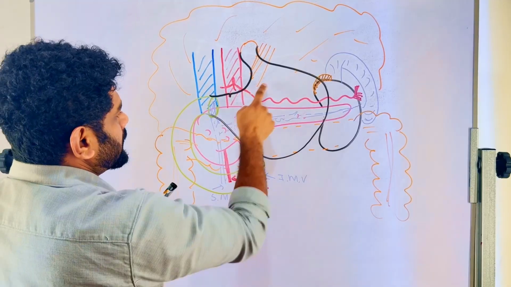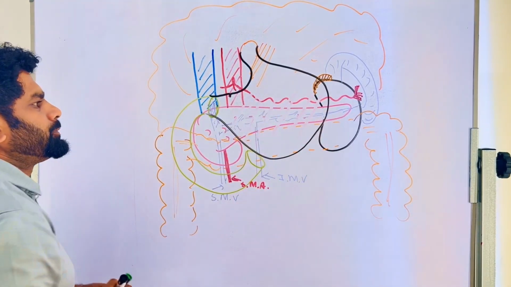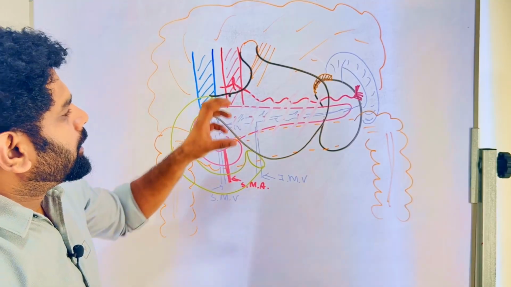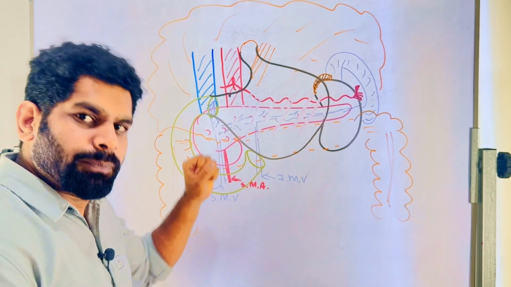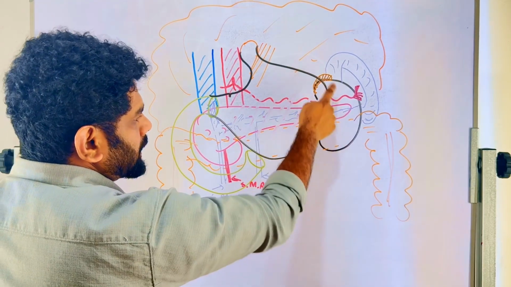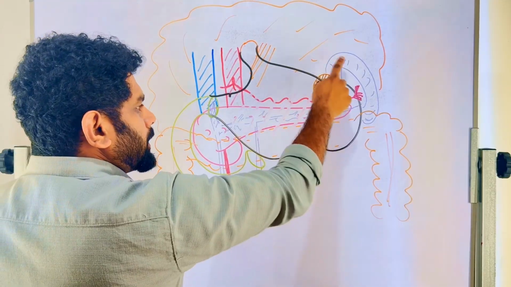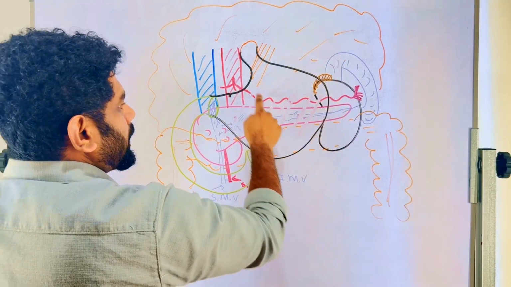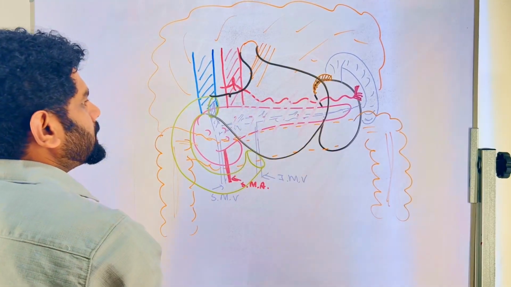So these are the structures posterior to the stomach. Here we have the upper part of the left kidney and left suprarenal gland, the spleen and the splenic artery, the body of the pancreas.